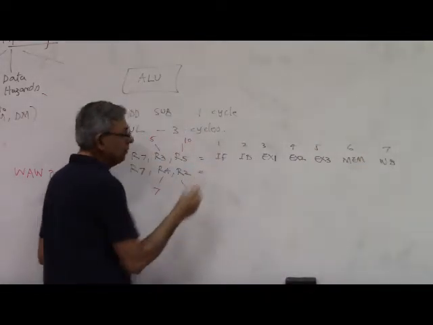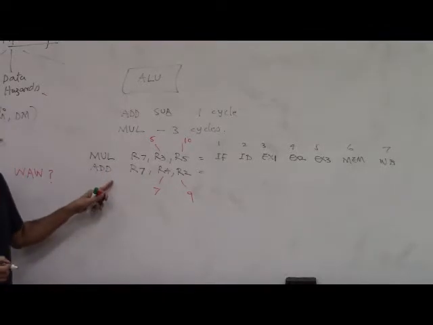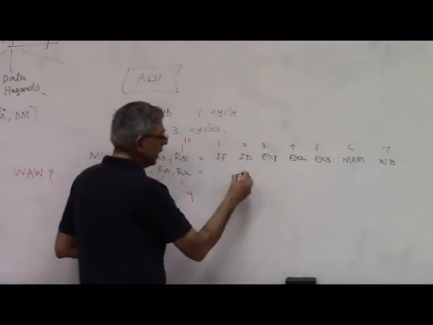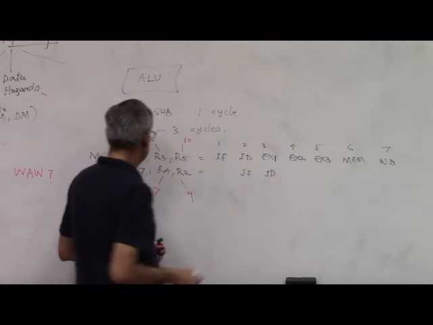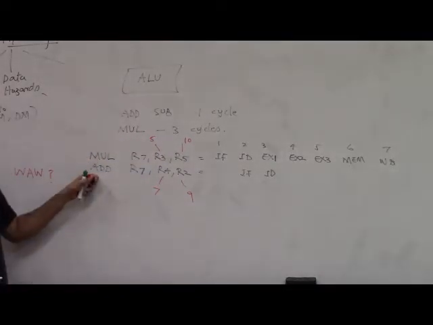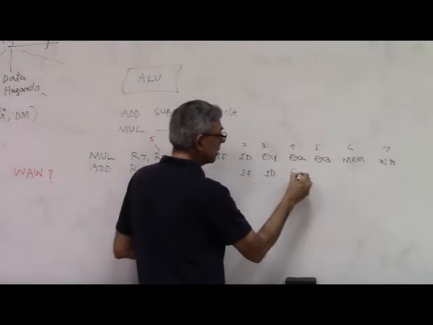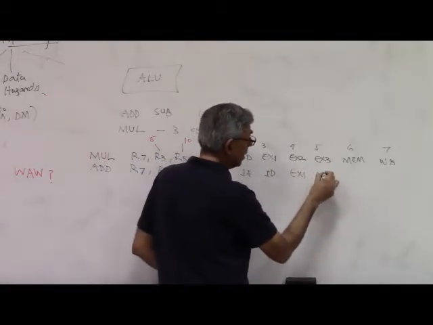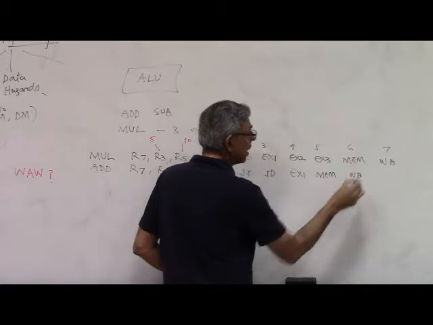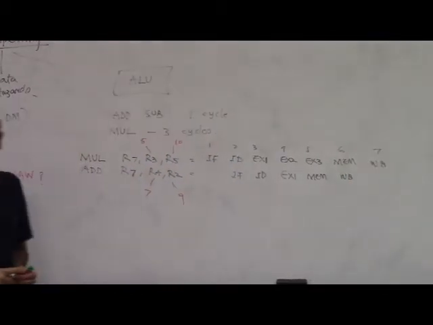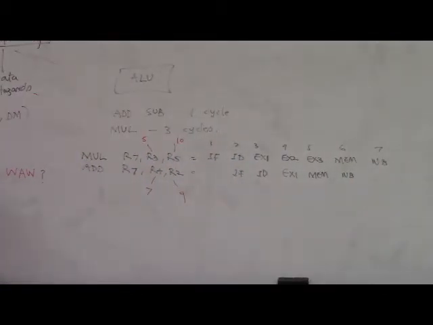If we are doing the pipelining, this will start 1 cycle later. So this will be IF, ID. And how many cycles does add need? Just 1. So let's just say EX1 or EX, doesn't matter. MEM and write back. So my question is, is there a problem, or is this okay to execute like I showed you?